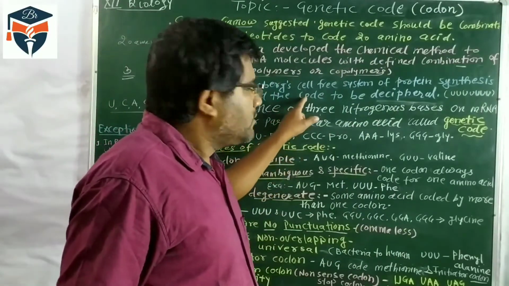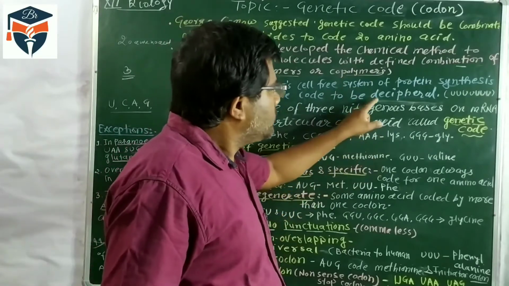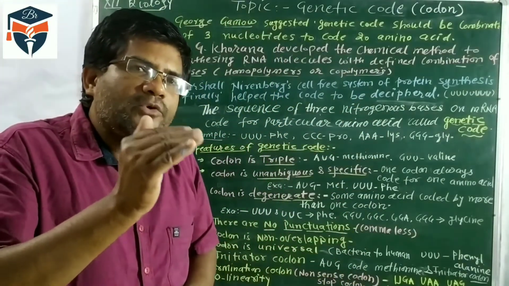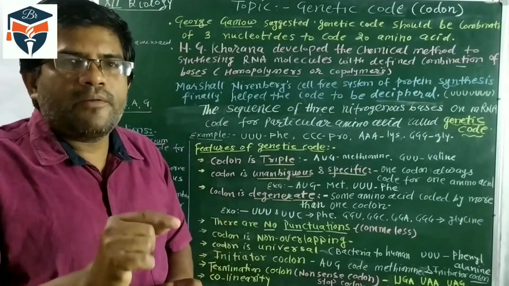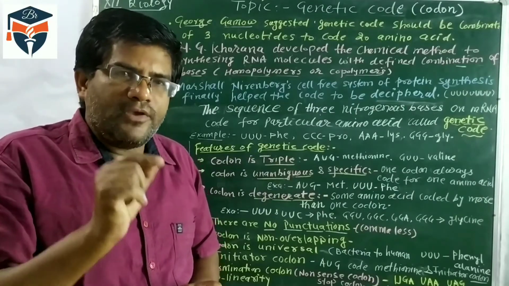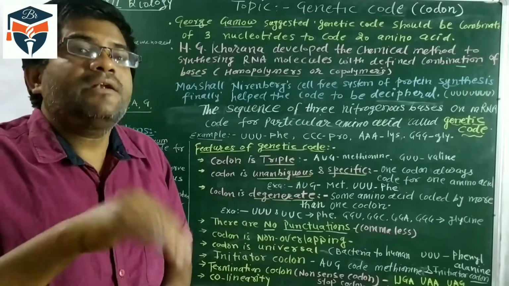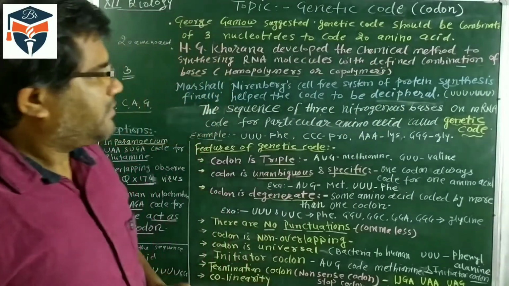It means these codons code for a particular amino acid. Deciphering means that information which is coded is translated. Information in the form of bases is translated into amino acids or protein.